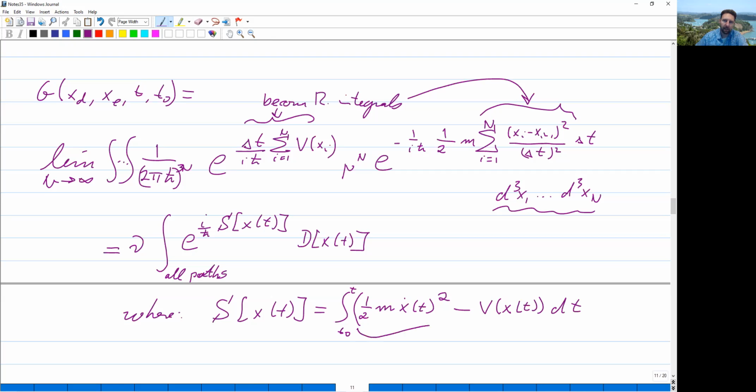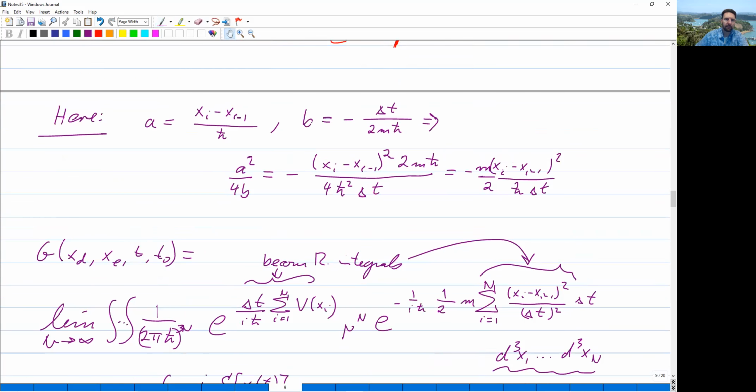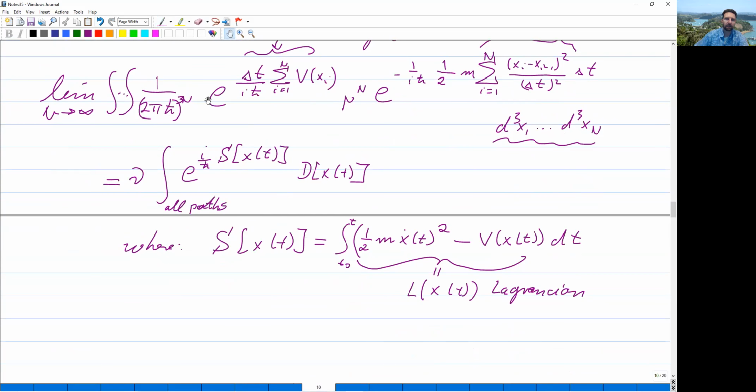And this expression here you may recognize as the so-called Lagrangian of x of t. This is the Lagrangian. And this is called the action.